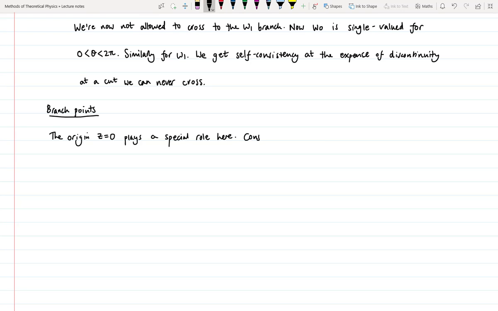Consider executing a closed path or loop C which does not contain the origin.